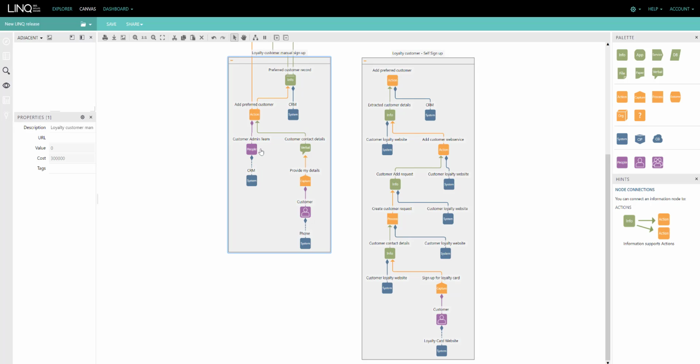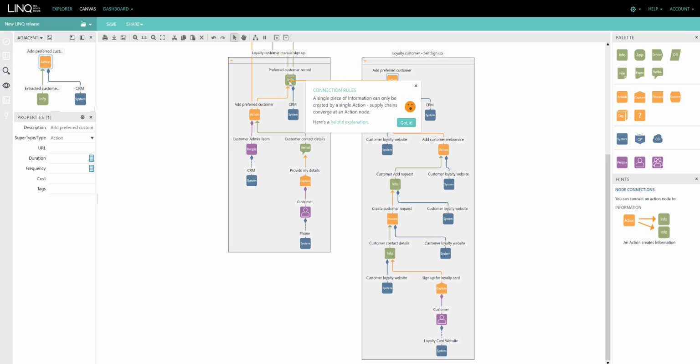The result of this sign up is that we create this preferred customer record, and that comes from this add preferred customer action, which also exists over here as part of my self sign up. And naturally I want to take this action and connect it to the preferred customer record, but LINQ won't let me. It says that a single piece of information can only be created by a single action.